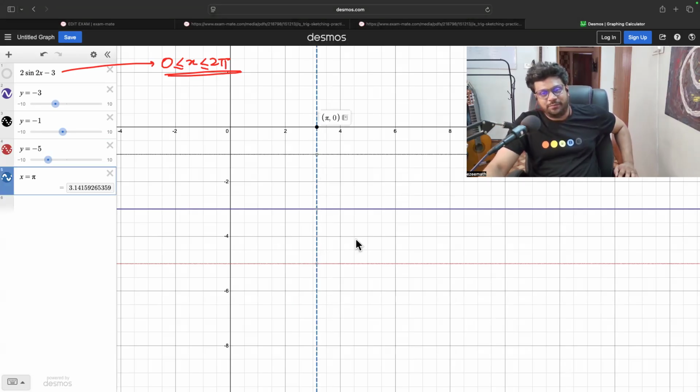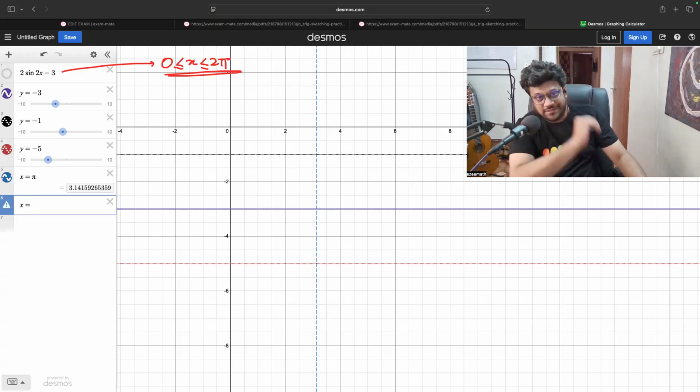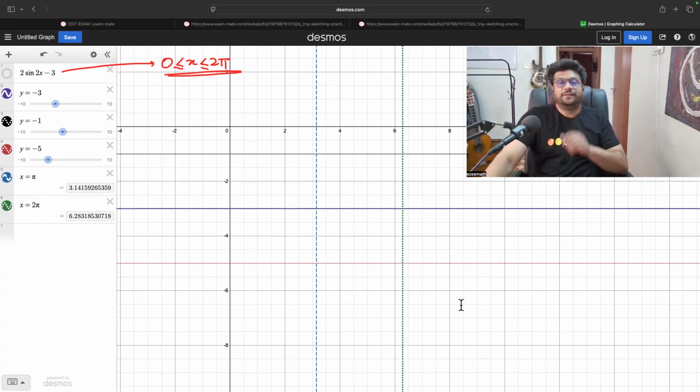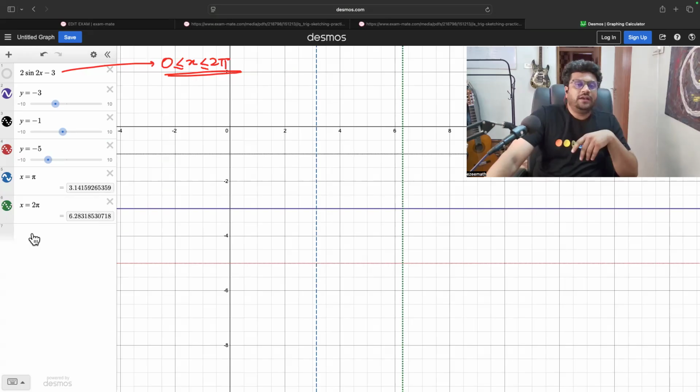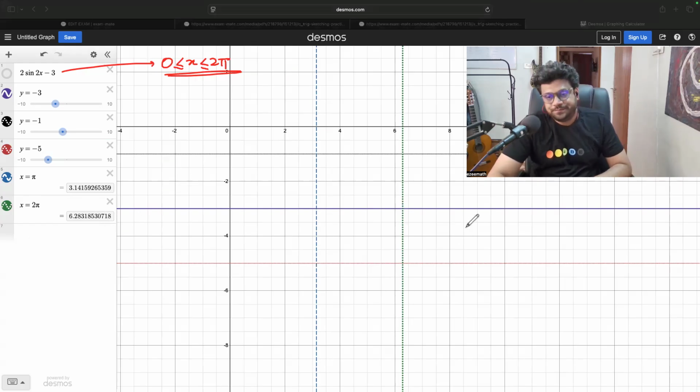There it is, x equal to pi. I'll draw one more to indicate the last value of x that I may substitute into the curve. There it is, x equal to 2 pi. And again, I'll make it a little lighter. And there it is. Also, let's take one random point. How about we take x equal to pi by 3 maybe.